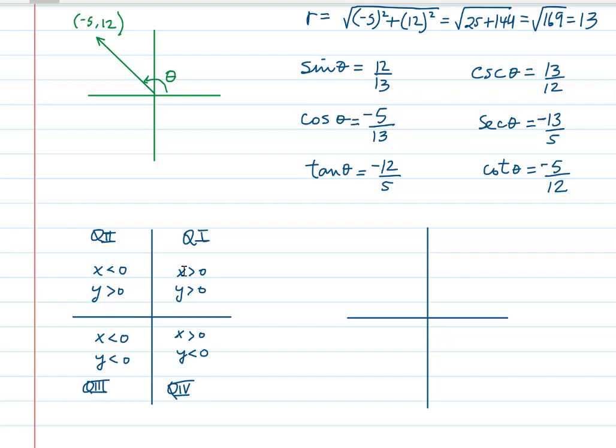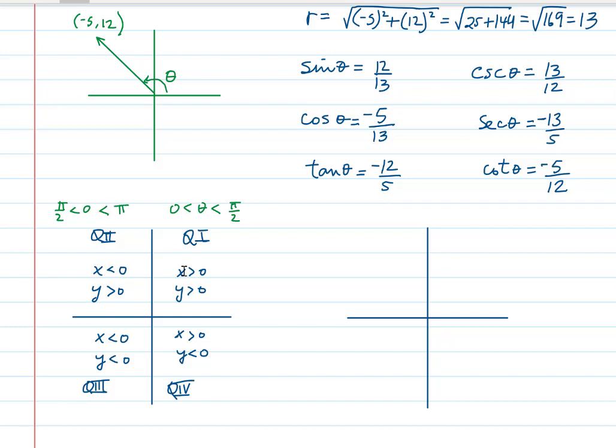So another way of representing the quadrants is with these intervals here. So we know the first quadrant goes from 0 to pi halves. So theta between 0 and pi halves, and I'm staying in radians here so that we can start getting used to the radians. The second quadrant would be from pi halves to pi.